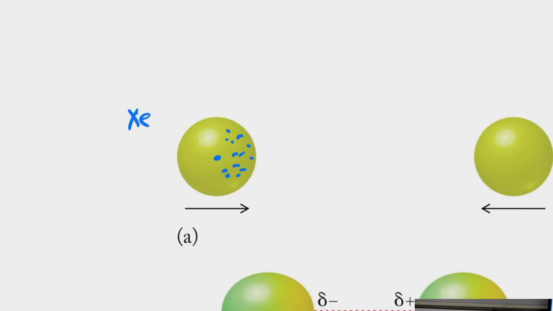We'll draw it this way. At this moment in time, we have a delta negative on the right-hand side and a delta positive on the left. This is what we call an instantaneous dipole moment. It's there one instant and it's gone in the next.